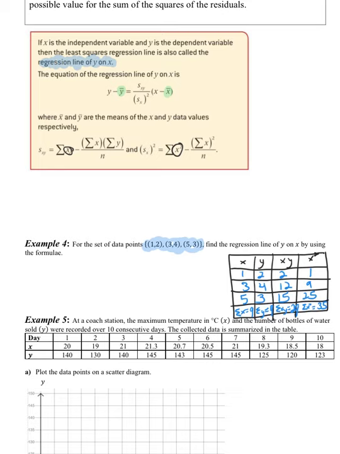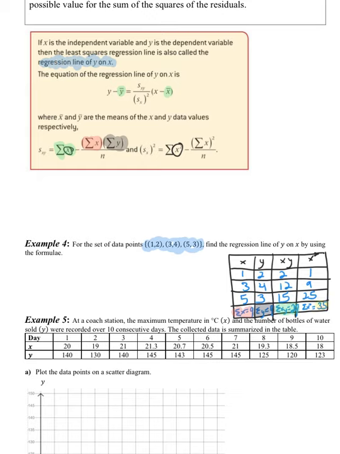So we come up with all these values, and what happens now is we have the sum of x, that's going to be right here. The sum of y, right there. We need to know the sum of xy, that's going to be right here.